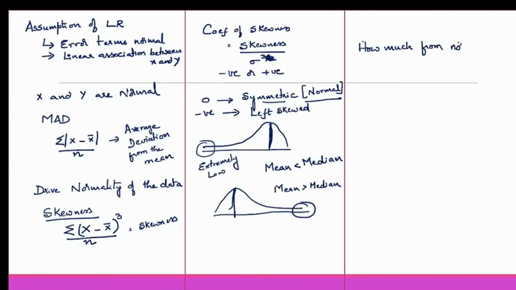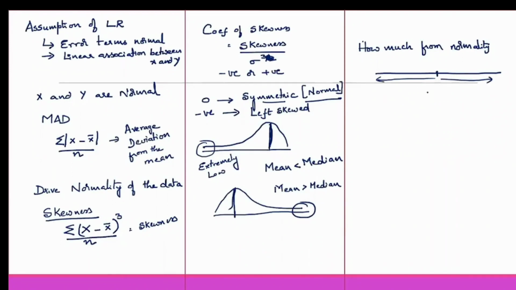Skewness is one way of saying, from one dimension, how much it is deviating. So what are we saying in symmetric data? On a large scale, if I am talking about the mean here, you can simply see the extreme value on this side versus the extreme value on this side.